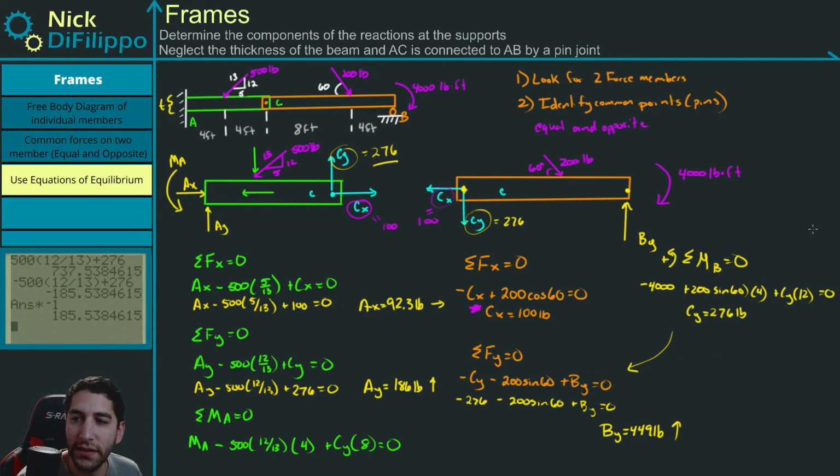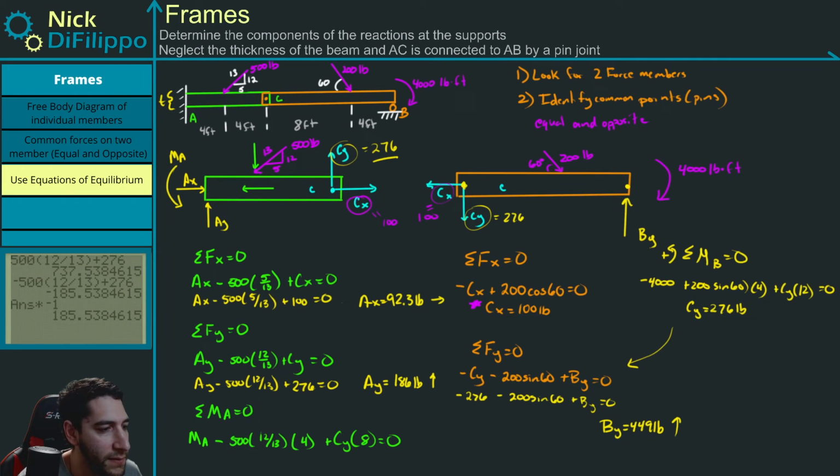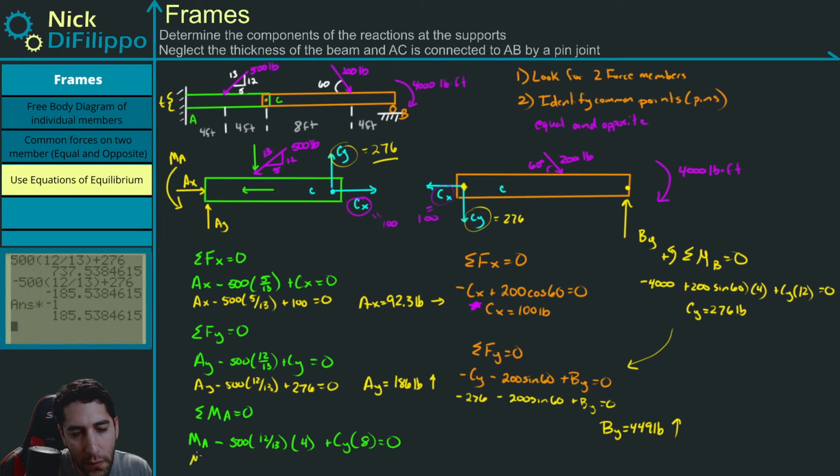And then we just need to figure out what our moment is. Let me move this down just a bit. So my moment of A is the minus 500 times 12 over 13 times 4 plus this 276 times 8.